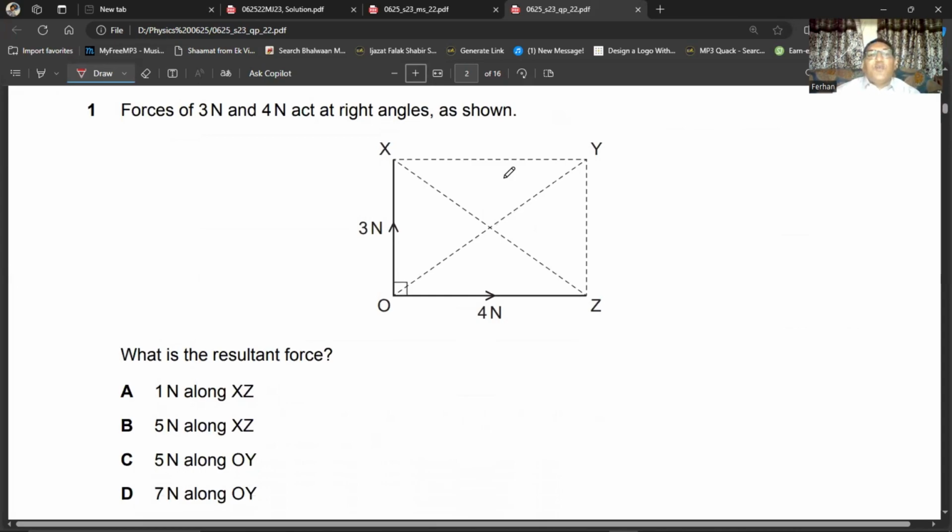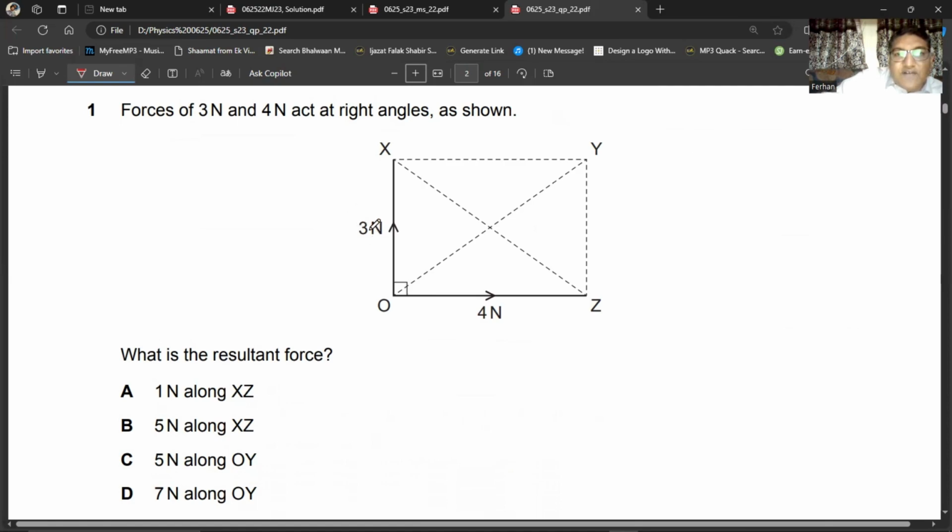Forces of 3 Newton and 4 Newton act at right angles as shown. What is the resultant force? Because this is 3 Newton and this is 4 Newton, their tails are joined and the angle between them is 90 degrees. So we will complete the parallelogram formed by them.